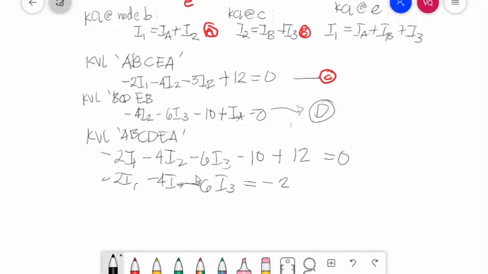Now, you will use your algebra to solve the branch circuit currents.